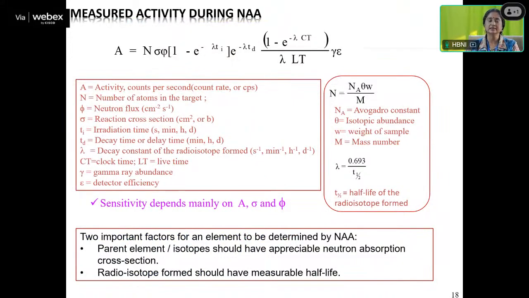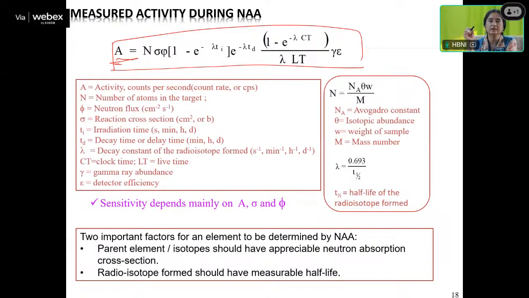Now the measured activity, whatever you are measuring in the sample after the neutron irradiation, is related to this equation. Now it is a long equation. You can see here, A is nothing but activity, counts per second, whatever your sample is getting activated and what you are measuring in a detector. From this detector only you are getting the activity.